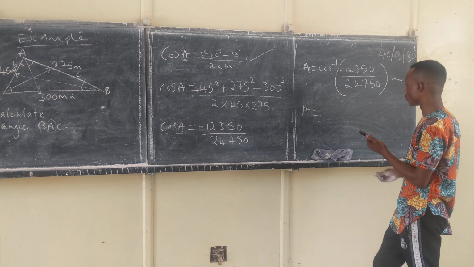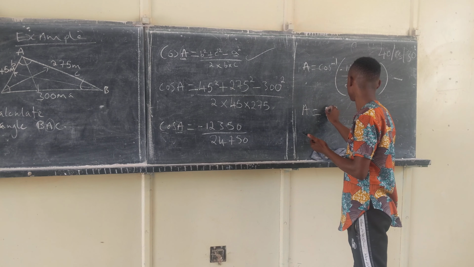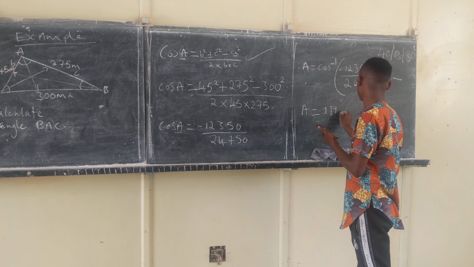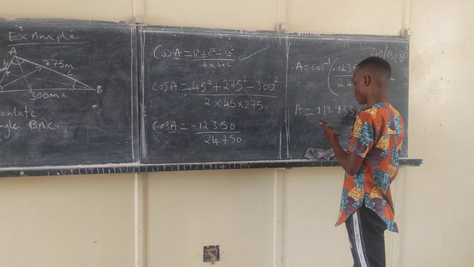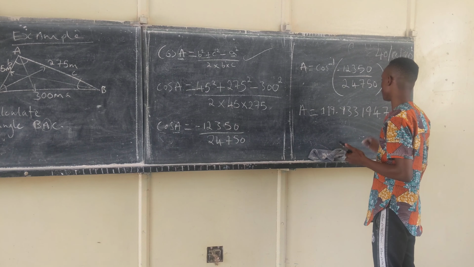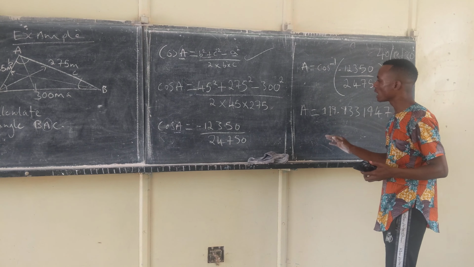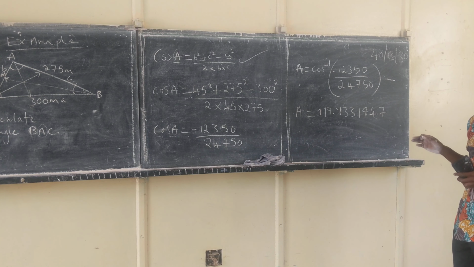What are you getting? You are getting 119.9331947.